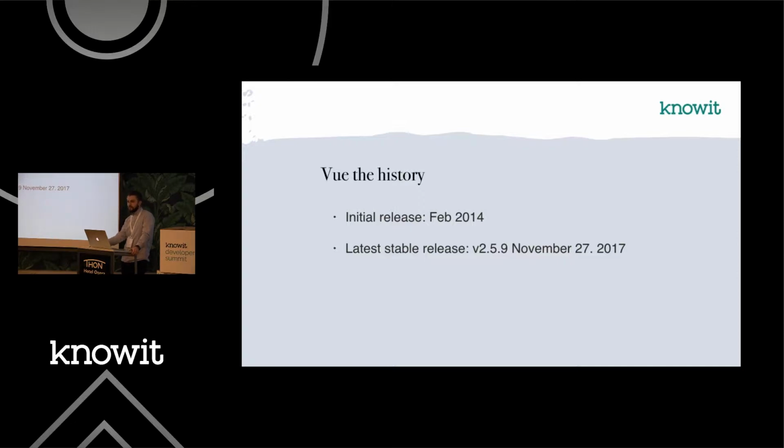He has a Patreon, where people donate him money every month so that he can work on Vue.js full-time, to not have some other job. The latest release was in November, 2.5.9. And the core library, if you want the most lightweight one, is about 17 kilobytes. So you can just import it in your script, in your header file.